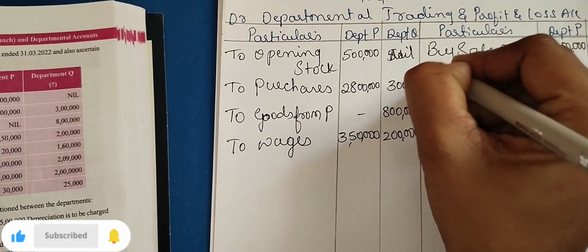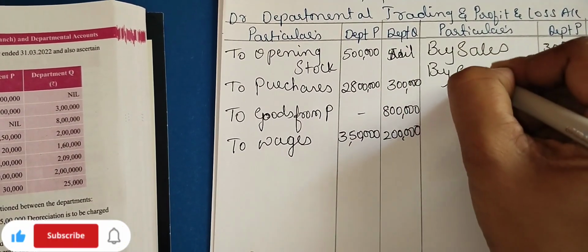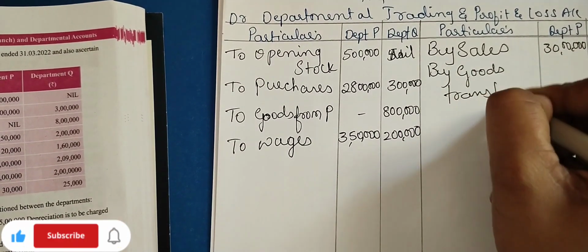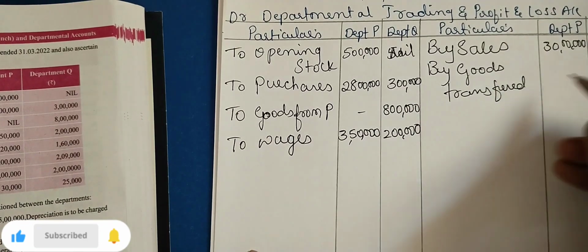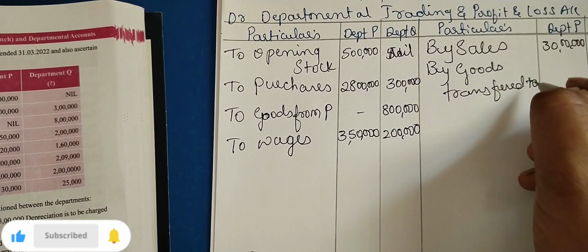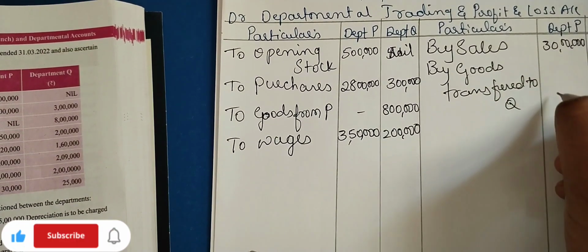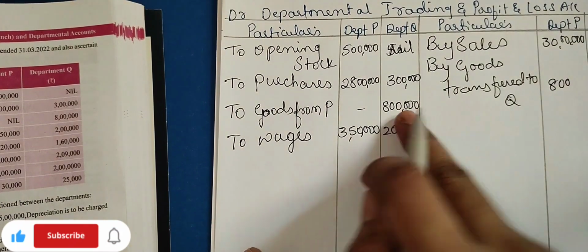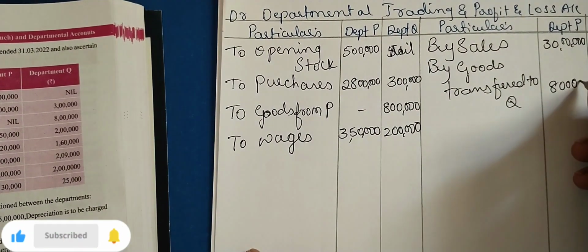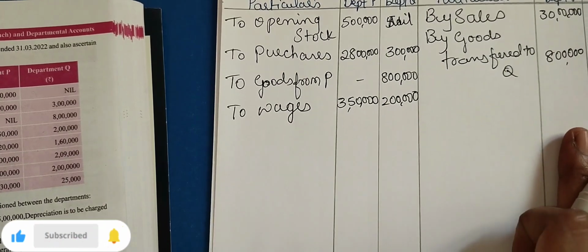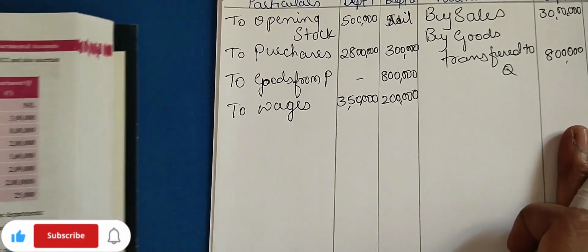Then by goods transferred to Q. For P department it is a sale, that is why we are crediting. Transferred to Q, amount is 8 lakh. Here we have debited, here we have credited for department P. Then any other expenses? No.